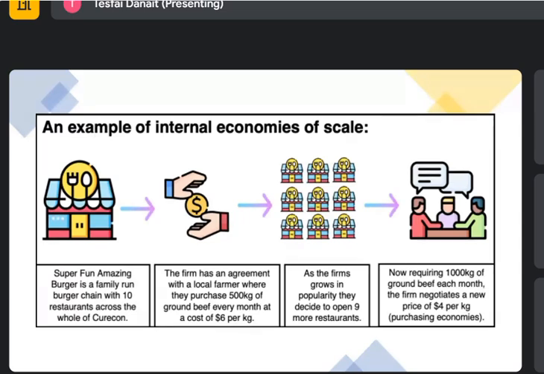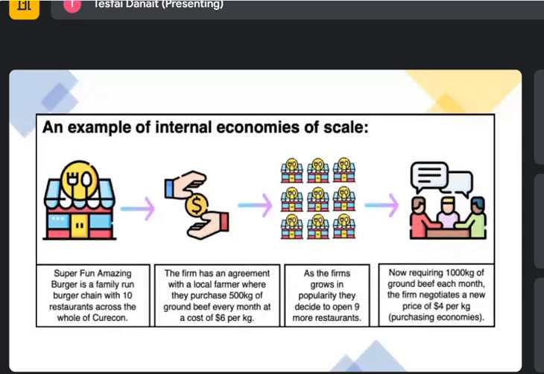But as the firm grows, it becomes very popular, and it starts to open more and more branches. So it starts purchasing beef from 500 kilograms to 1,000 kilograms because it's now very big.